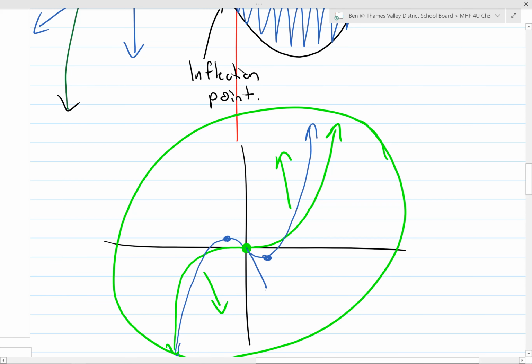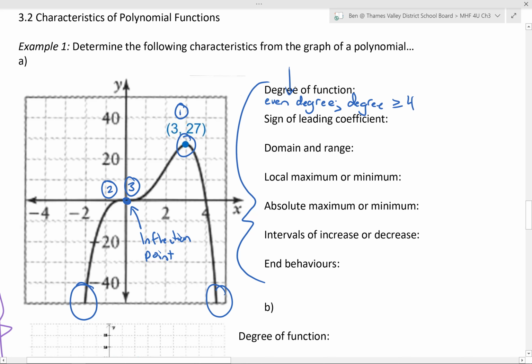Okay, so an inflection here where the slope goes to 0, it counts for 2 turning points. So that is, we have 1 turning point here. We have 2 and 3, both in here. So the degree must be at least 4. Okay, so the degree must be greater than or equal to 4, and we know that it's an even number. That's how much we can tell about the degree. We're not able to determine exactly the degree we're working with, but we do know something about the degree.